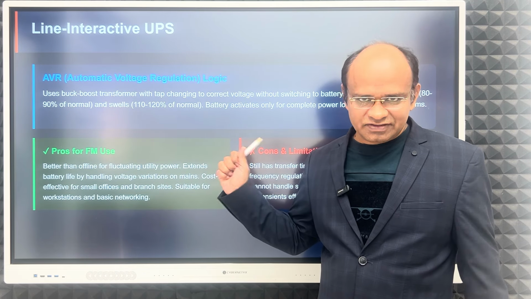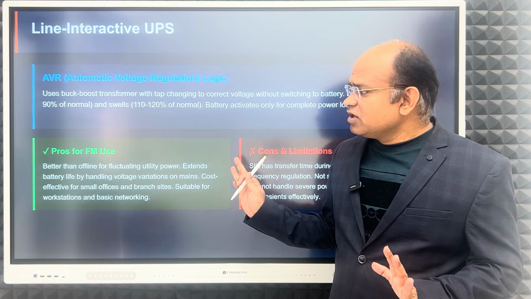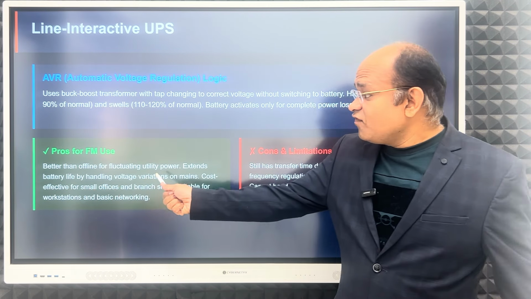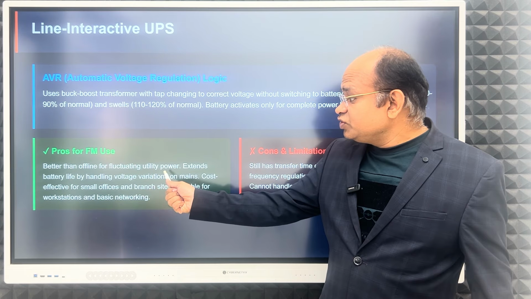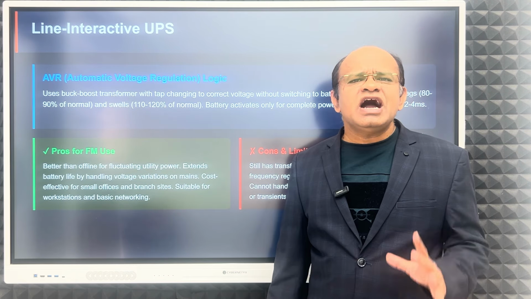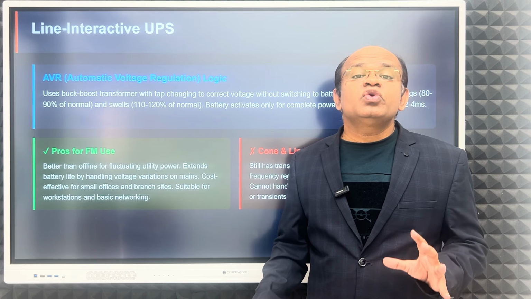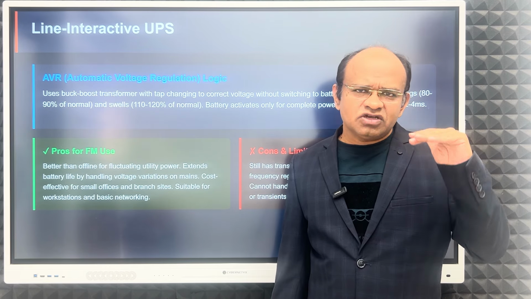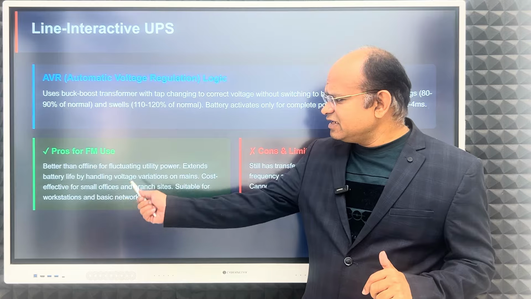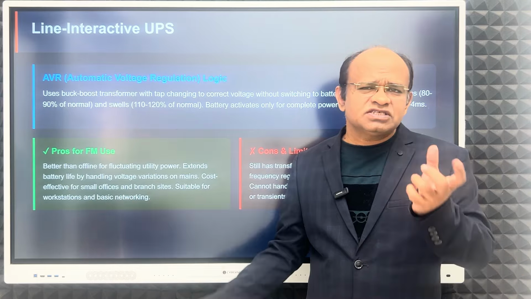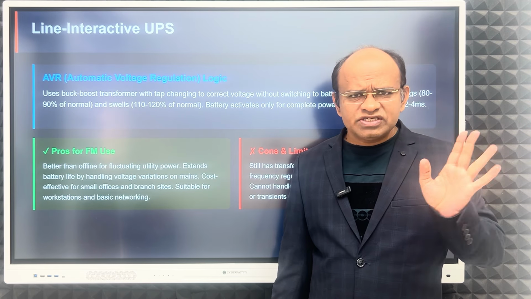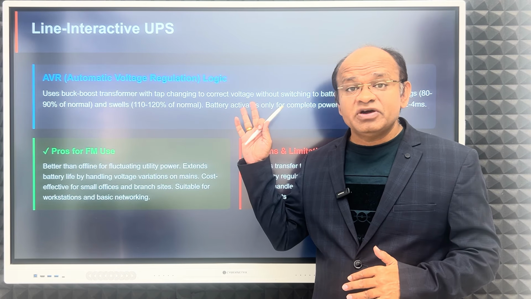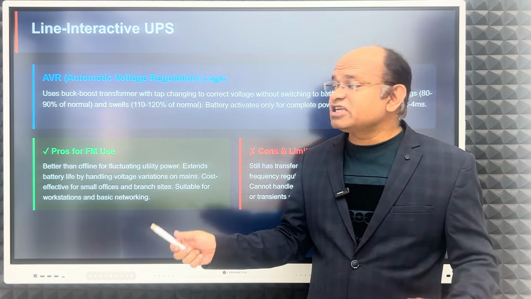This is faster. Now, pros for FM use, where to use. Better than offline for fluctuating utility power. If you have fluctuating utility power and you don't have critical loads like server rooms, data centers or medical equipment, then this can be used, because small interruptions or fluctuation is okay in that case. It is better than the previous one, because it is conditioning power to some extent.